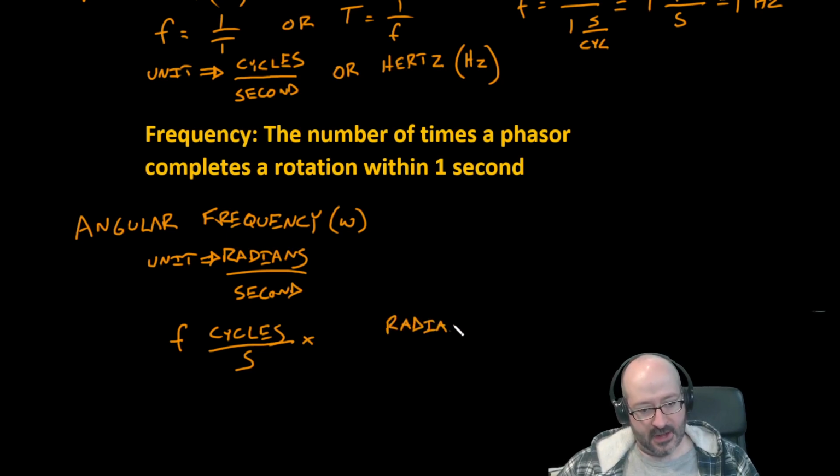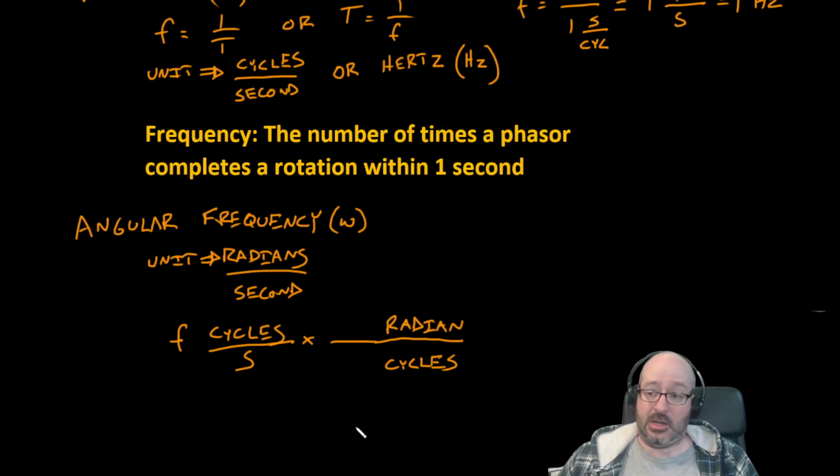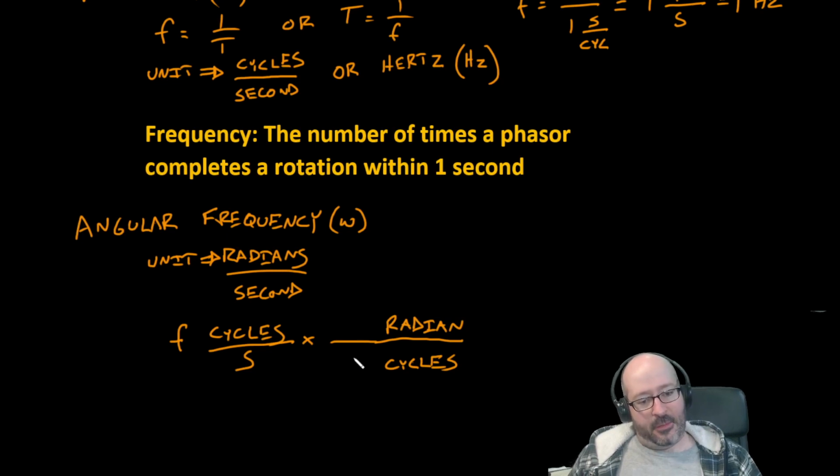We want radians in the end, and we've got to get rid of cycles. To make this equal to 1, we have to figure out how these are related to each other, and we should know that from pre-cal and when we were learning about angles. If we have 1 cycle, we should have 2 pi radians, right?